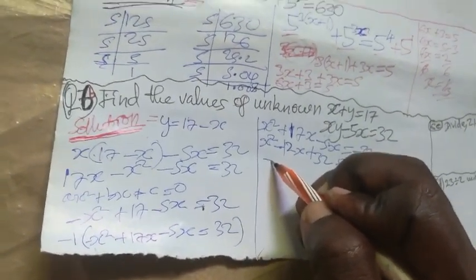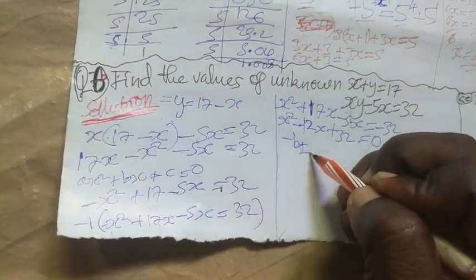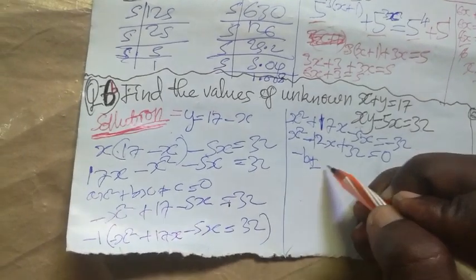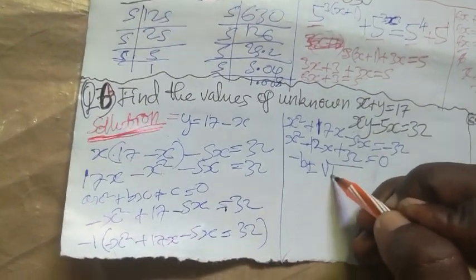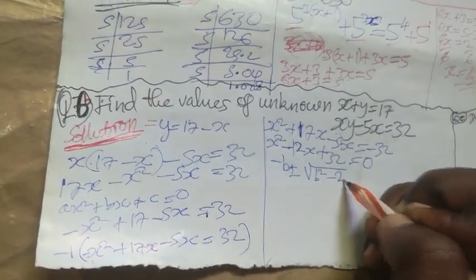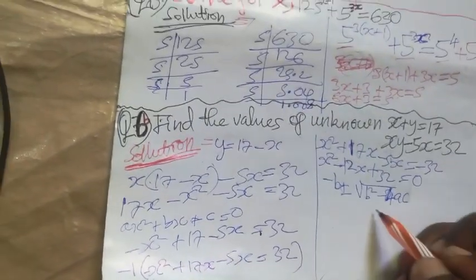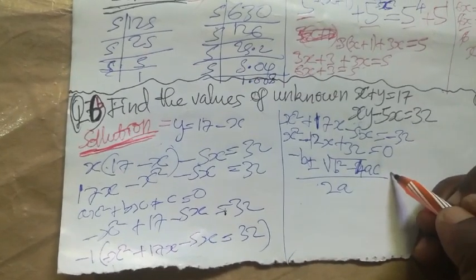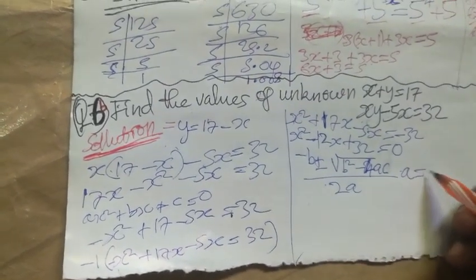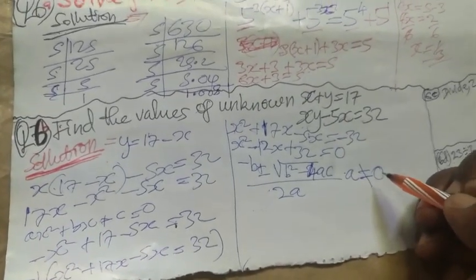We say negative b plus or minus the square root of b squared minus 4ac, all over 2a, where a is not equal to 0.